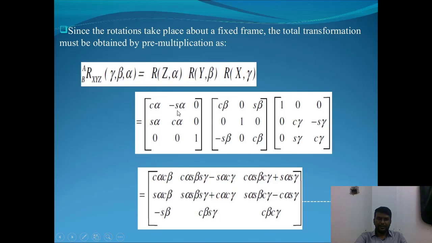Alpha is the rotation about the z-axis, beta about the y-axis, and gamma about the x-axis. If you multiply all these three, we get the total transformation matrix that will give you the rotation if it is rotating about all three axes.